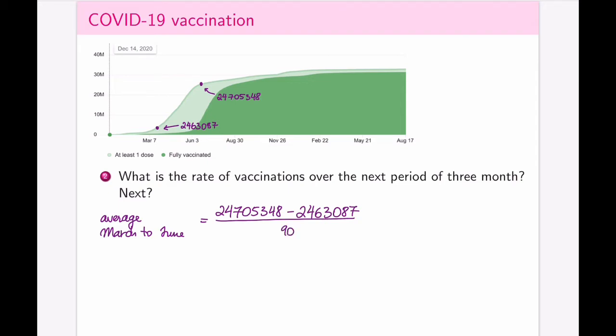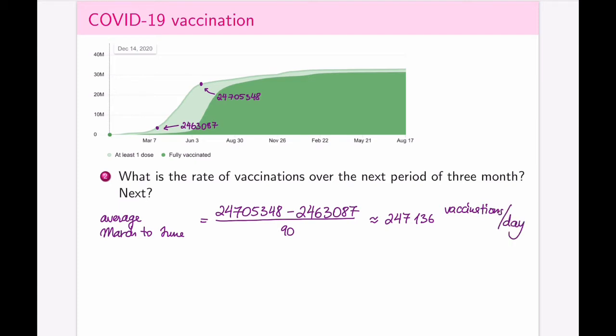Since I'm going to keep it in days, I'm going to divide by 90 again. So again, rounding to the nearest human, not up, just rounding, I end up with 247,136. And once again, the units are what on top was the vaccinations and what was on the bottom was the days. So this is vaccinations per day.